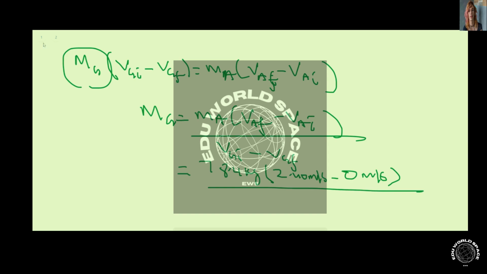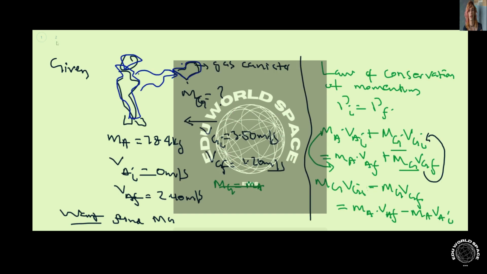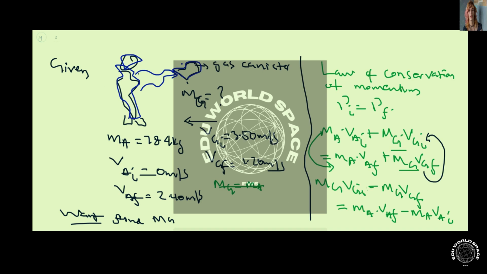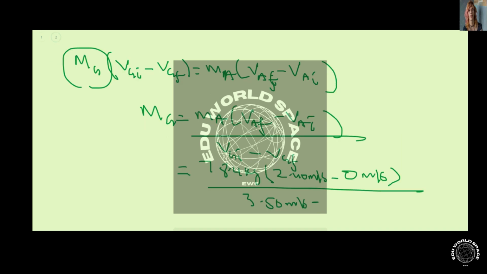Divided by the initial velocity of the gas canister, which is 3.50 meters per second, minus the final velocity of the gas canister, which is 1.20 meters per second. When you solve that, you end up getting the mass of the gas canister, which is roughly 81.8 kilograms.